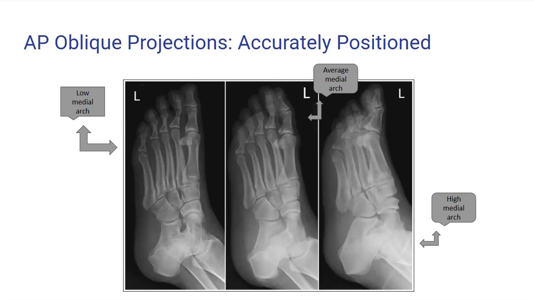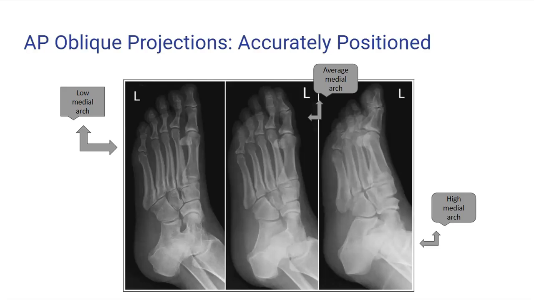If your central ray angulation for the AP projection was still insufficient and you had to increase it to 15 degrees, that should indicate that you are dealing with a patient that has a high medial arch. You want to increase that foot obliquity to maybe even 60 degrees of foot obliquity.